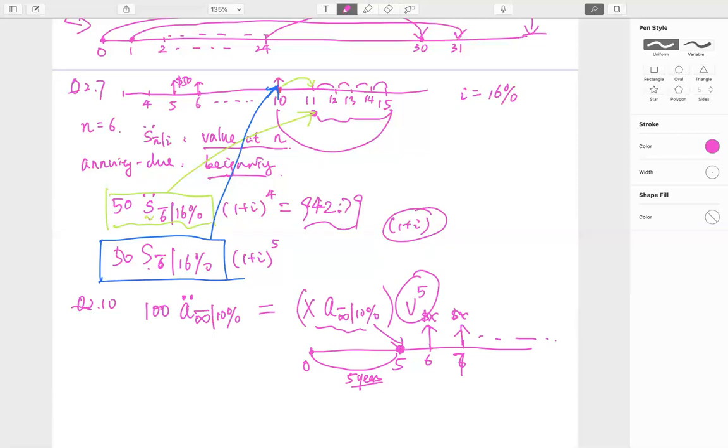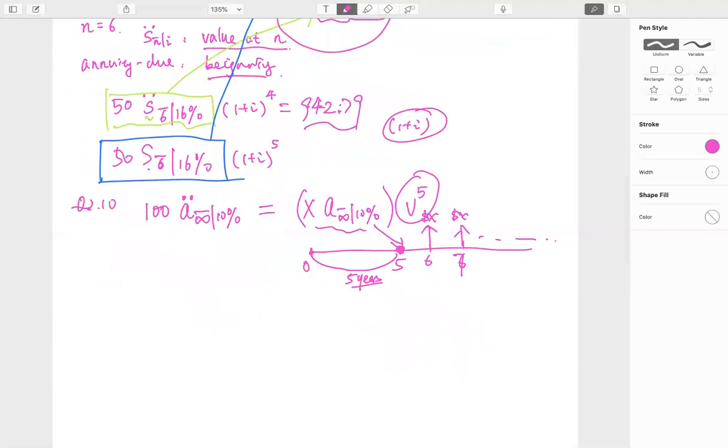The formula for perpetuity is rather easy. So here is 100 divided by d. d is the discount, so it will be i, 0.1, divided by 1 plus i, which is 1.1. Okay, so this is 1100. Equate to the right-hand side.